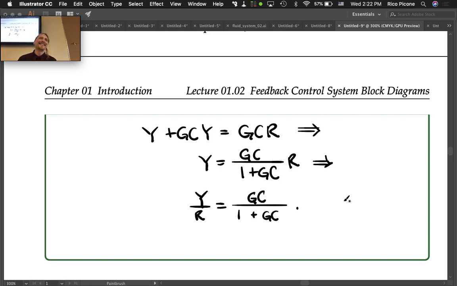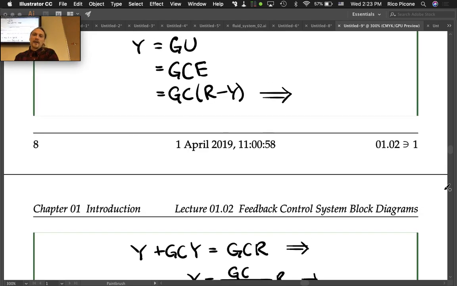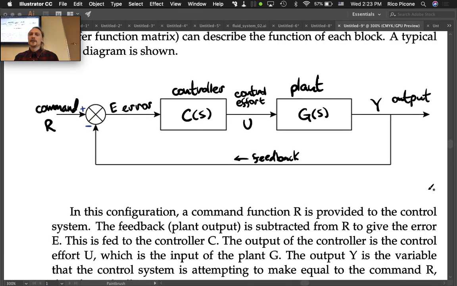So there's our closed loop transfer function, Y over r. This transfer function will tell us, remember, before we had this closed loop going on, we just had a plant with control effort going in and output coming out.